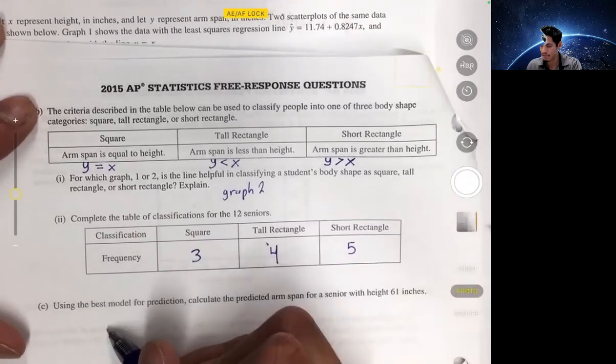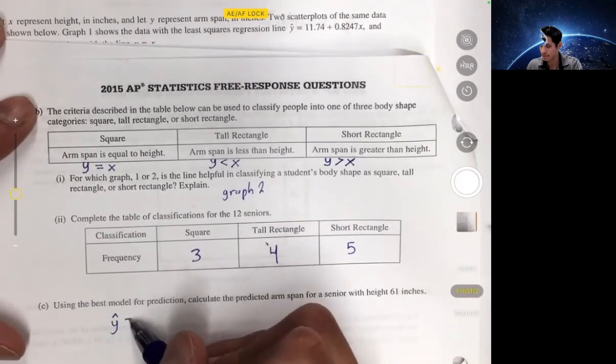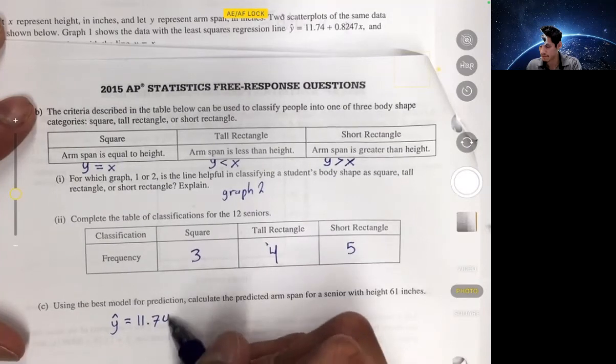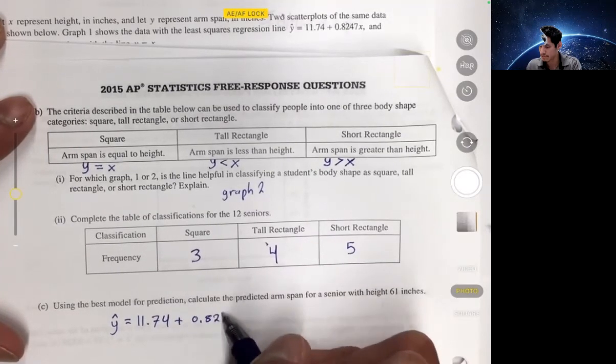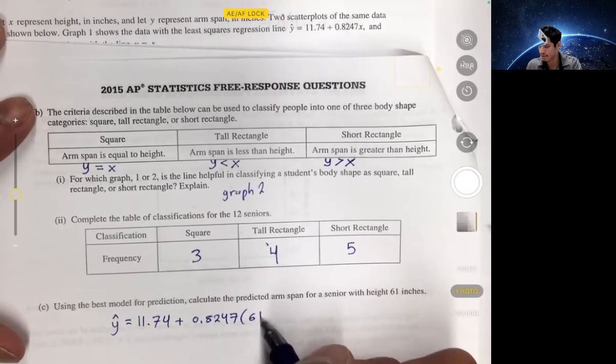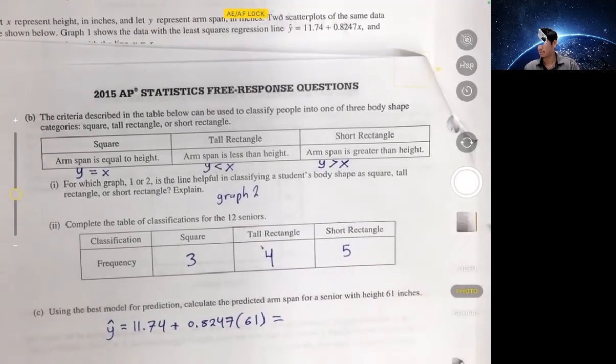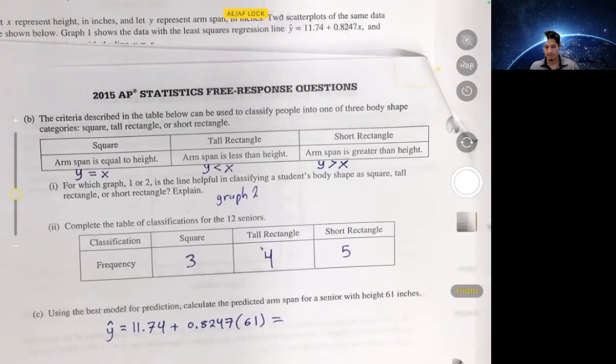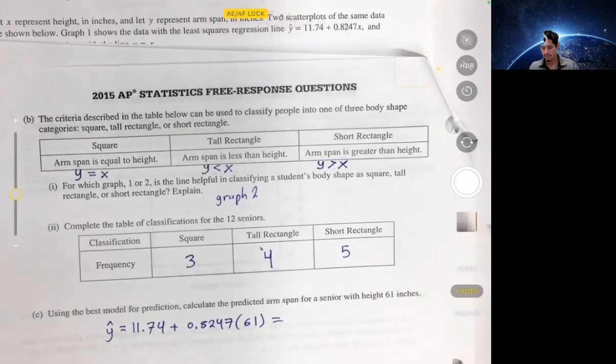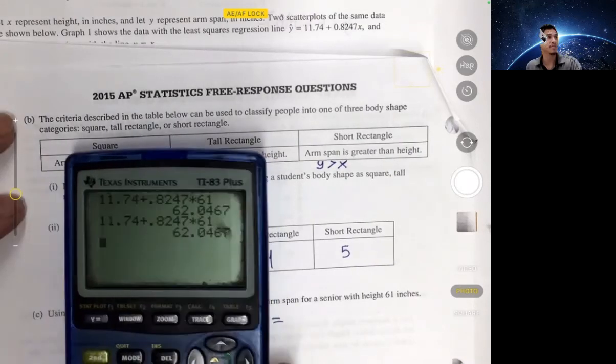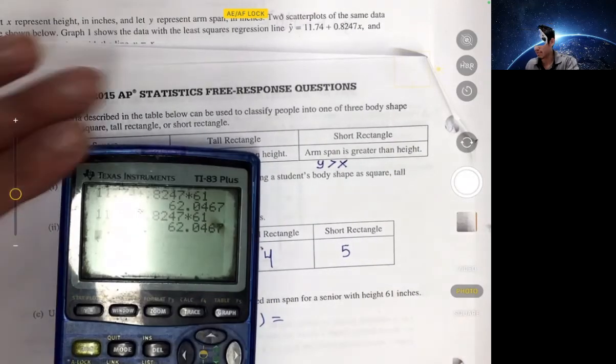We'll get y hat to be 11.74 plus 0.8247 times 61, which gives 62.0467.